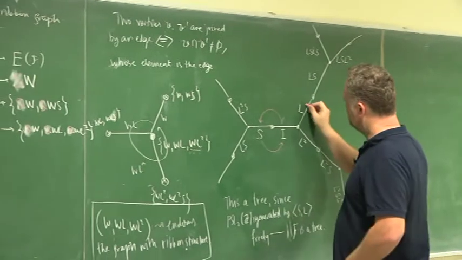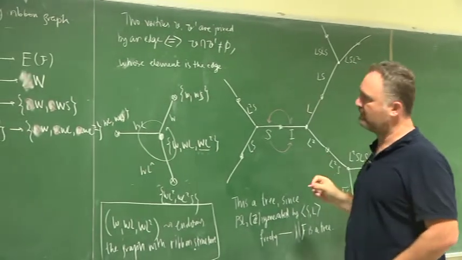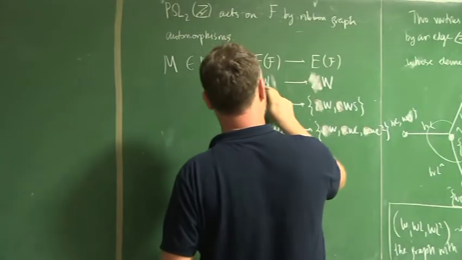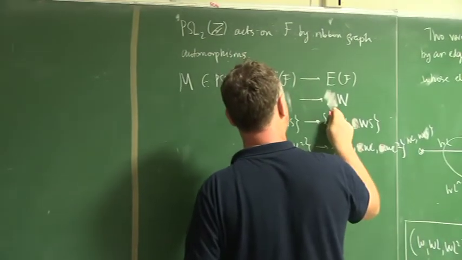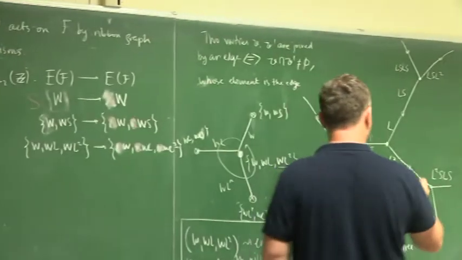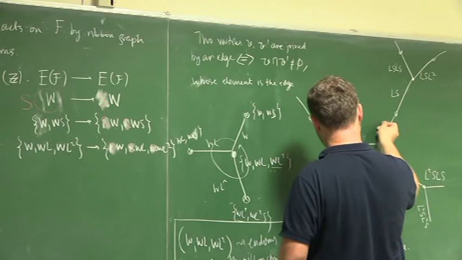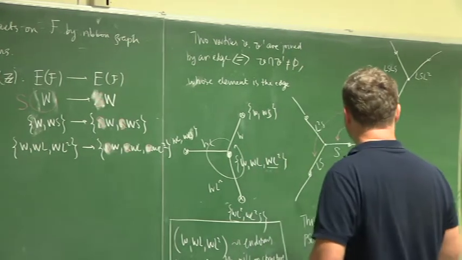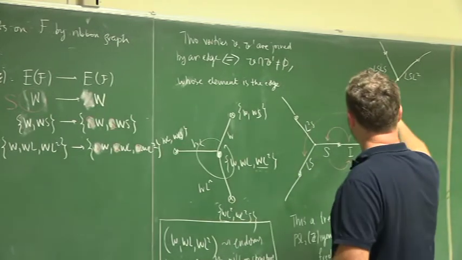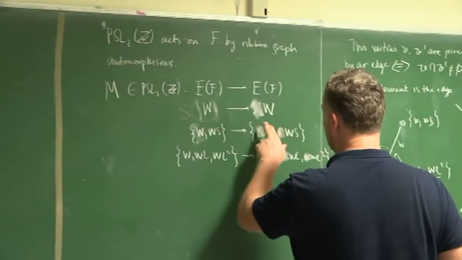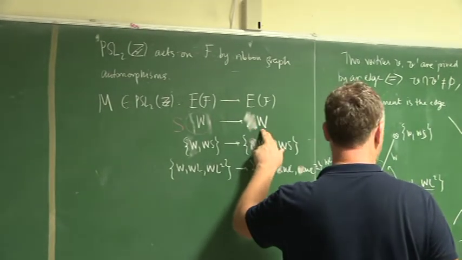Now, what about the edge L? By definition, the edge named L is sent to the edge named S times L. Where is S times L? This is sent to here. And what about the edge named LS? It is sent to the edge named SLS.